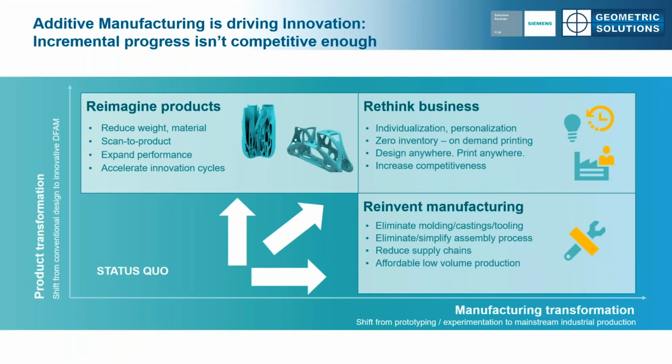But with additive manufacturing and 3D printing, you can now take and match the patient's anatomy. So it's not something that's close to your anatomy, it is your anatomy. And that's going to assist the surgeon and it's going to assist you with that knee replacement. And that's just one example of reimagining, rethinking, and reinventing.